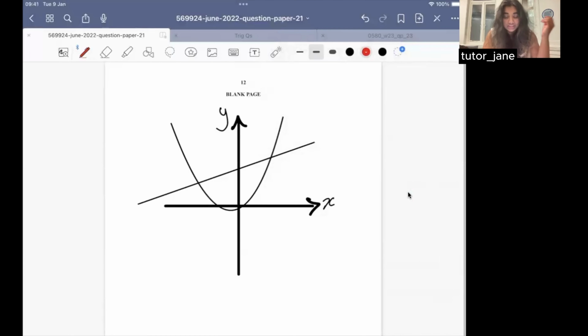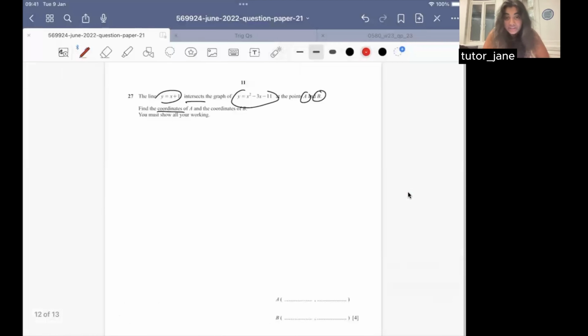I've just drawn both of these randomly, but in general, this U shape here is what we call a parabola. So this is the graph of y equals ax squared plus bx plus c, where a, b, and c can have any values. So here our a is 1 because there's a 1 in front of the x squared, our b is -3, and our c is -11, for example.